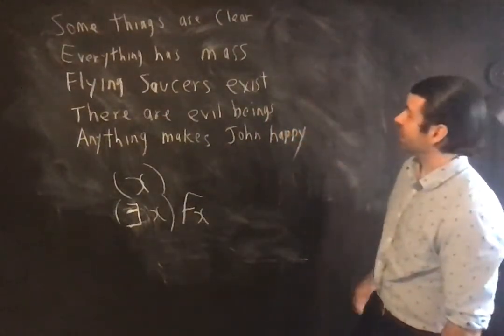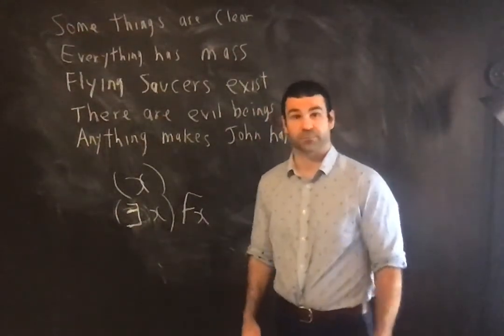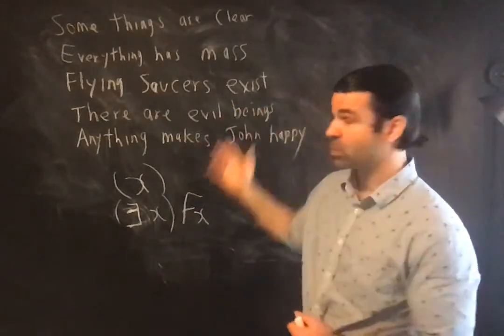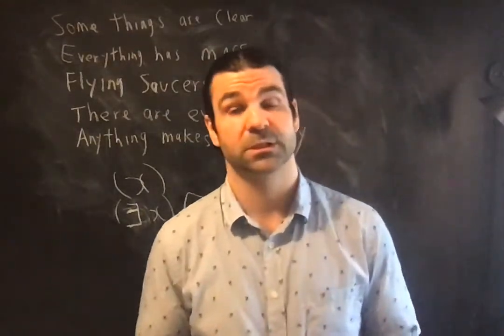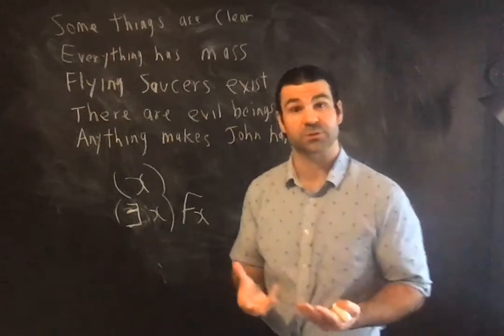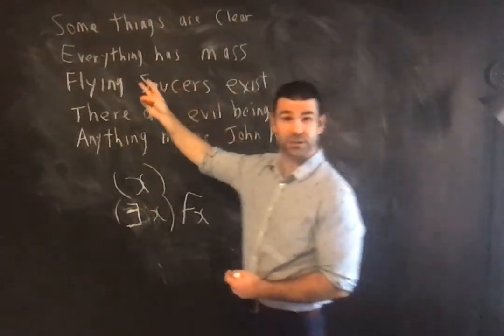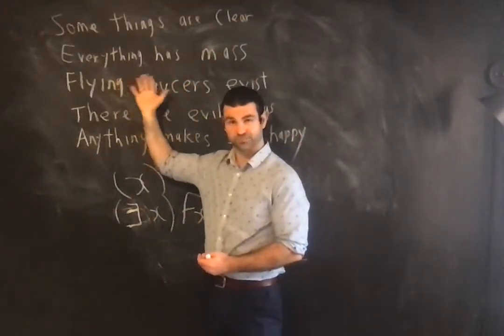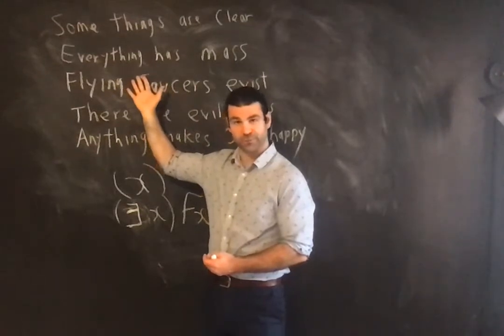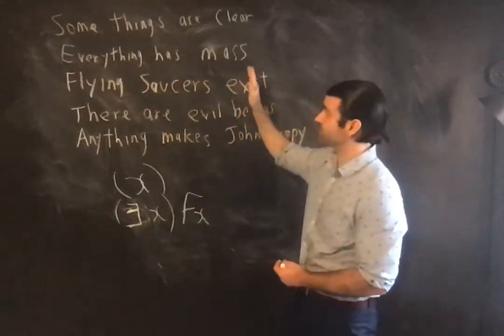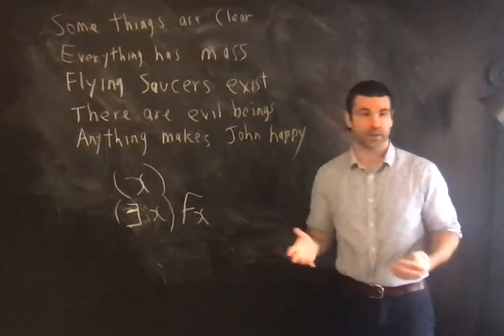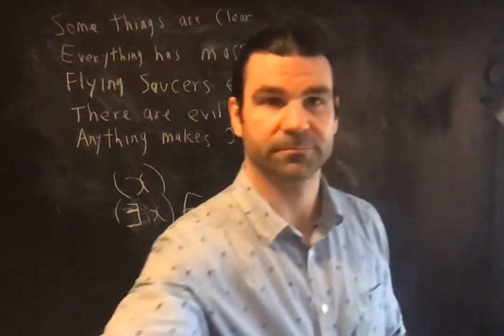Okay, let's do these. Some things are clear. So what's the logical analysis of this sentence? What is the propositional function? So "some" clearly is an existential quantifier, right? The propositional function is x is clear, right?